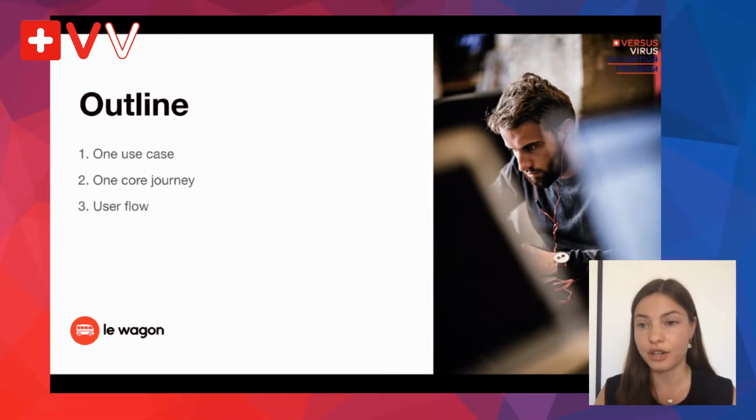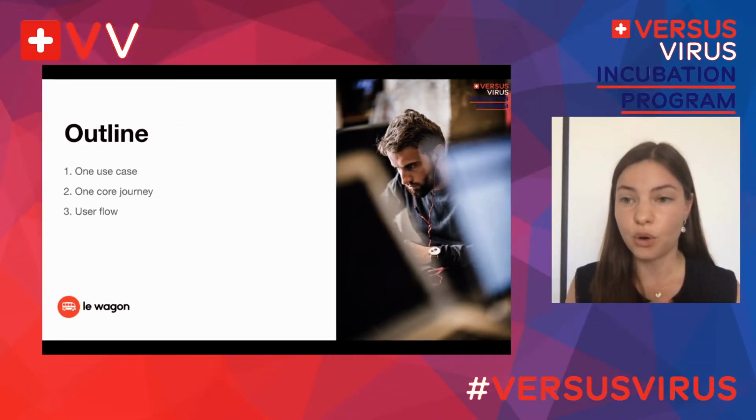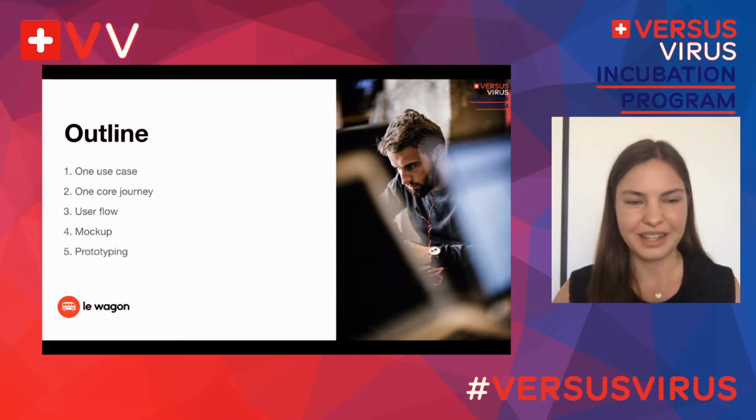We'll then look into the user flow, building on your core journey: how the flow will go on your website and how this will be displayed and shown. And finally, we'll do a mock-up of your application that you will prototype.